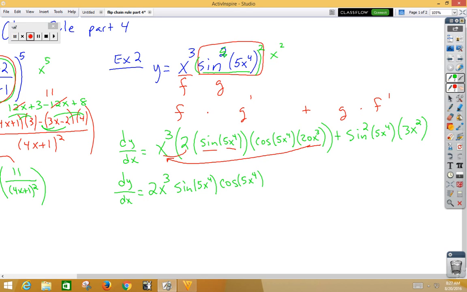If I multiply the 20x cubed times the 2x cubed, I can simplify that just a little bit out front, and I would get a 40x to the sixth. Now I've got plus, I'm going to move this 3x squared out in front, 3x squared sine squared 5x to the fourth. Pretty involved problem there, so be careful.